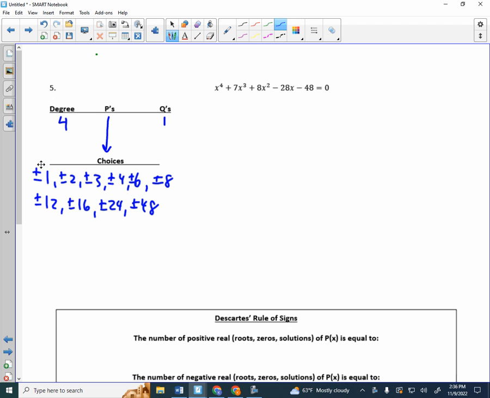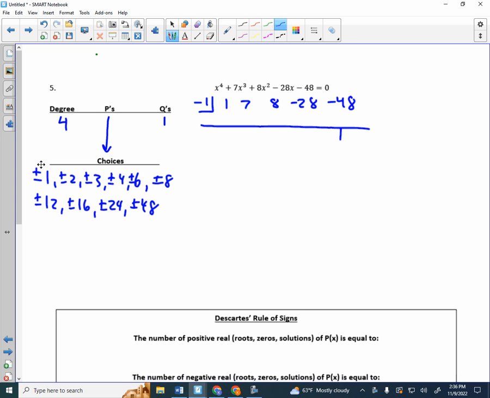Yeah. Because I do sometimes. So can I show you what I do if I feel like I'm going to make a mistake? Instead of plugging it in, I just roll -1 through synthetic division. 1, 7, 8, -28, and -48.